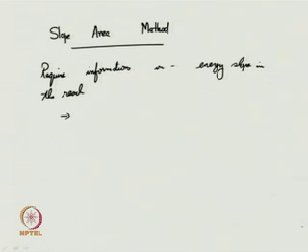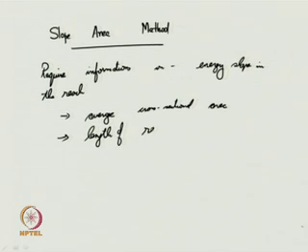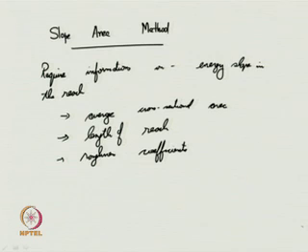You may also require the average cross-sectional area of the reach, length of the reach, and roughness coefficients. So, some of these parameters are required. We will briefly see what it is.